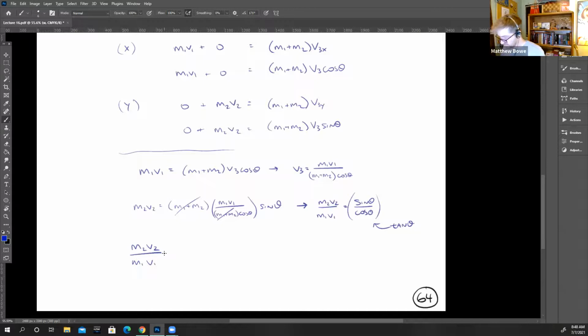And we're doing all of this just to solve for V1. We're going to get V1 equals something with terms that we know. So that's m2v2 over m1 times tangent of theta.